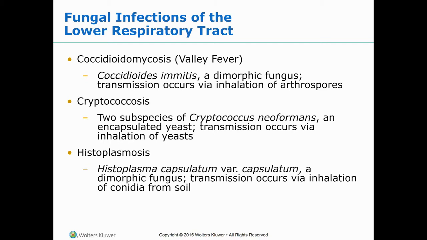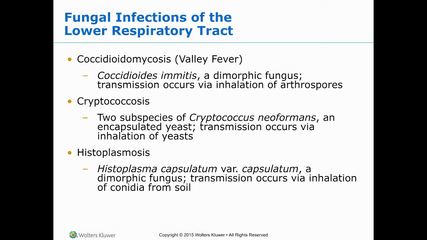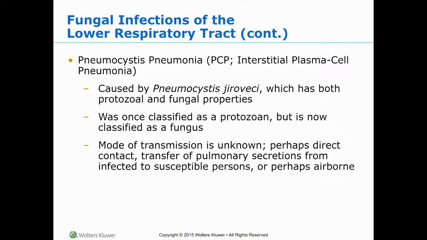Again, we have valley fever. This is a dimorphic fungus. Remember what dimorphic fungi do? They can act as either a mold or a yeast, depending on what the temperature is. Again, histoplasmosis and cryptococcosis. Again, we can also get pneumonia.